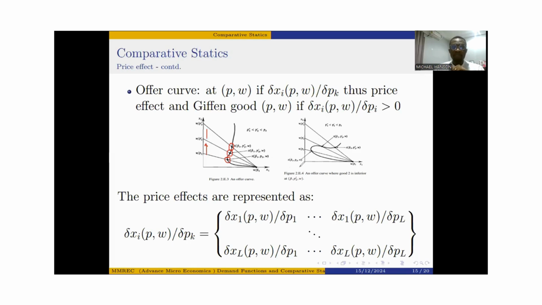But when you get to this graph, which is referring to an inferior good, now understand, normal and inferior relates to changes in wealth. But when we talk about normal and inferior with changes in price, then they are called an offer curve and a Giffen good. So this curve suggests that as you reduce the price of a commodity, initially you were able to buy more of commodity Y, as you can see from here.